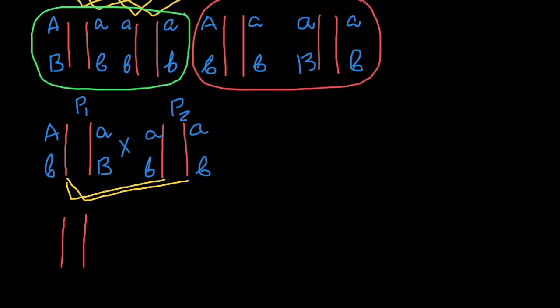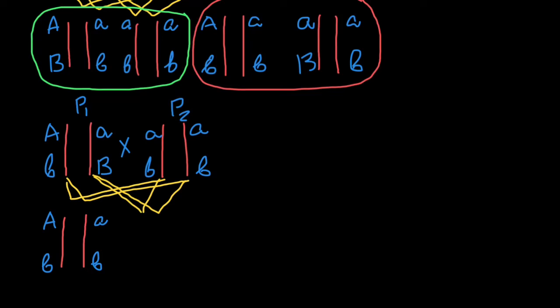So the chromosome inherited from parent 1 has genotype capital A and small b, and from parent 2 small a and small b. And the second variant, which is possible, is that this chromosome comes from parent 1 and this chromosome comes from parent 2. Or again, this can be the same chromosome from parent 1 and this chromosome from parent 2, but as you see, it doesn't change anything.